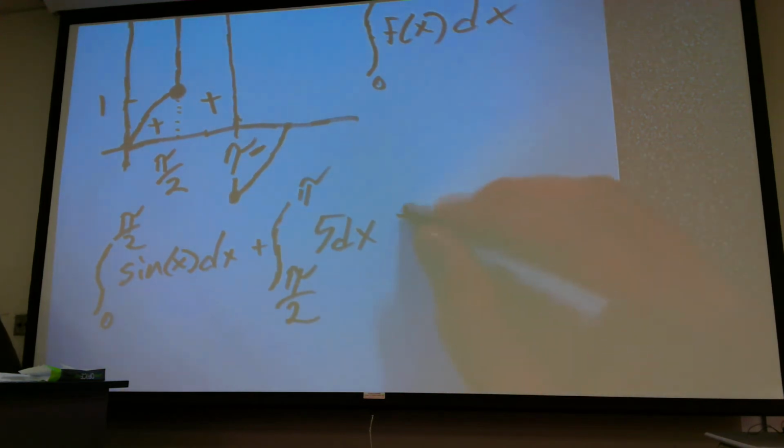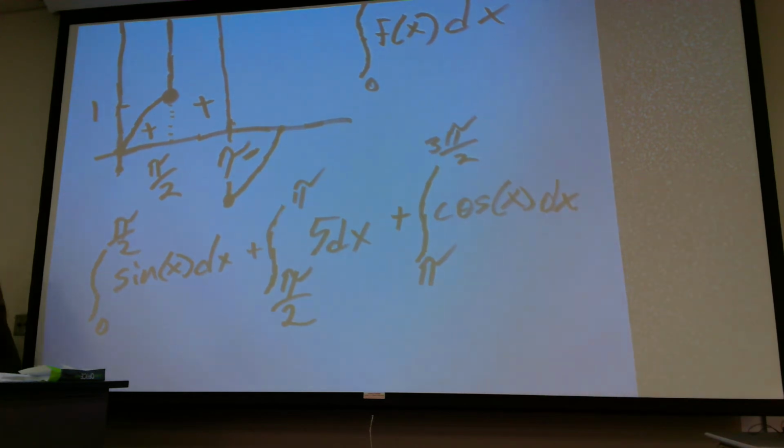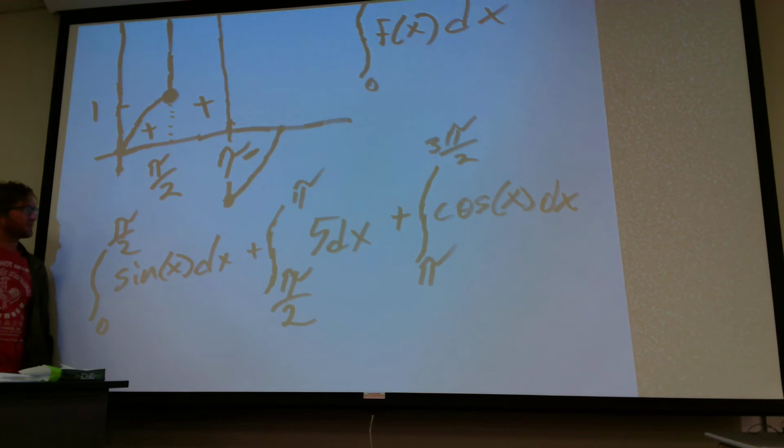And we're also going to have the integral from pi to 3 pi over 2 of cosine of x. Then we take these integrals and plug in their boundary points.